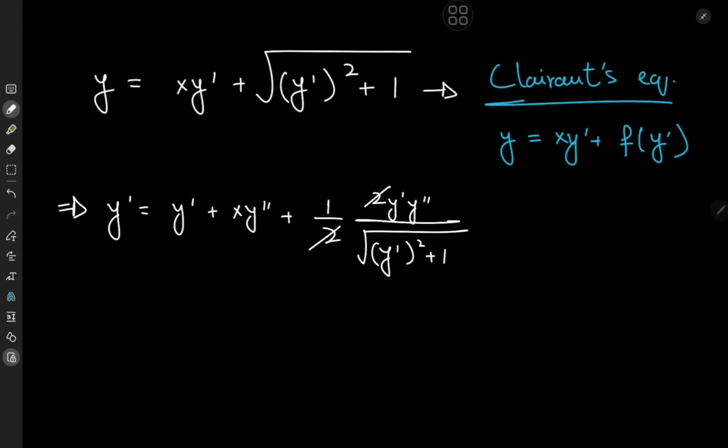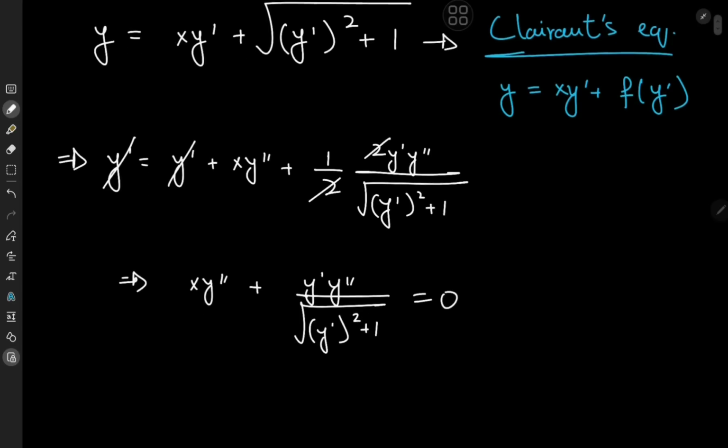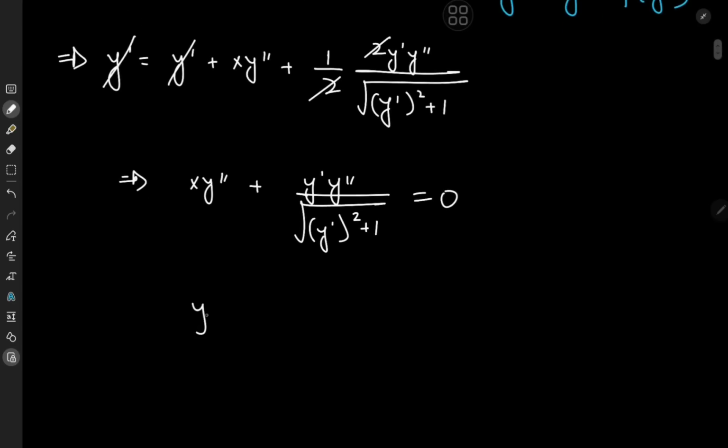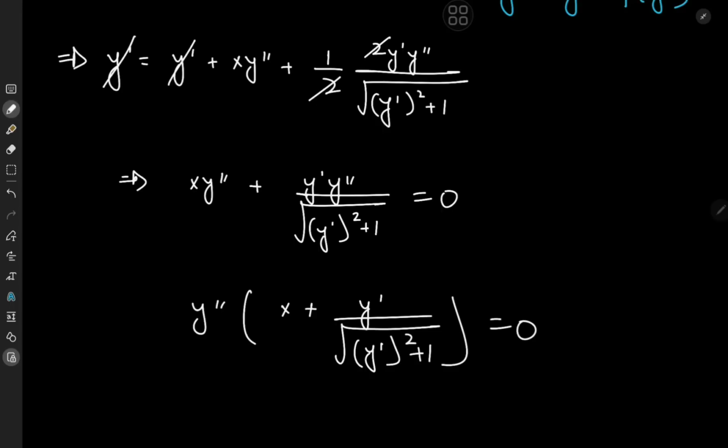And we have some even better cancellation taking place here. So this implies that we have x y double prime plus y prime y double prime divided by root y prime squared plus 1 equal to 0. And from here we can factor out y double prime and get y double prime times x plus y prime divided by root y prime squared plus 1 equal to 0.